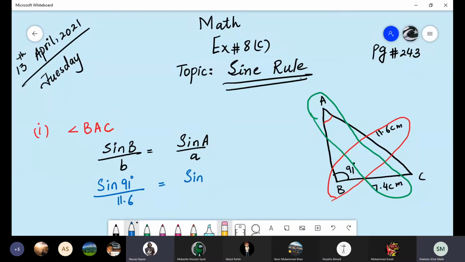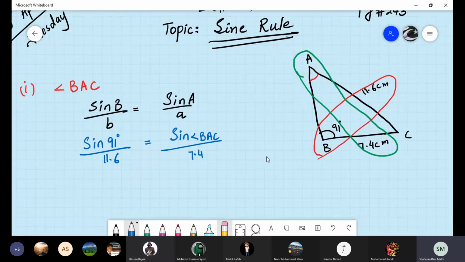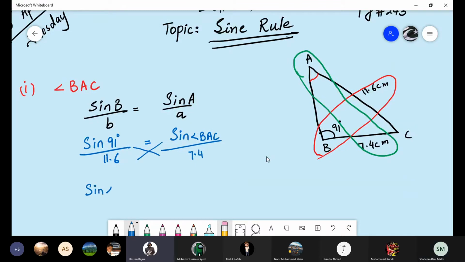In place of sin A, we can write this angle BAC as it is mentioned in the question. So we will write the same thing here. And what is the side for A? Yes, 7.4 centimeters. Then we will do the cross multiplication. Sin angle BAC multiplied by 11.6 is equal to 7.4 multiplied by sin 91.